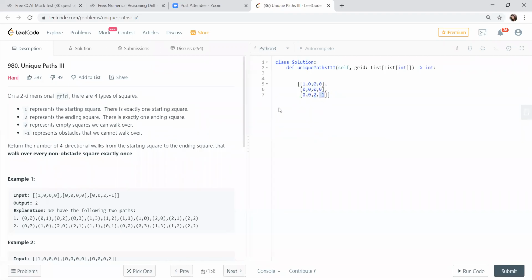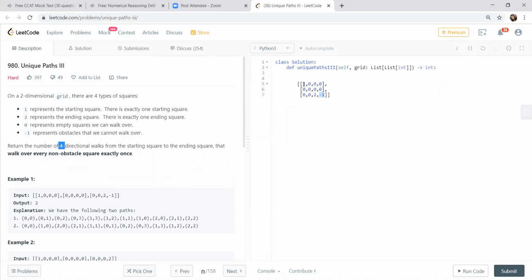Actually we need to return the number of 4 directional walks from the starting square to the ending square. So we need to reach 2, and we need to reach it by 4 directional walks.